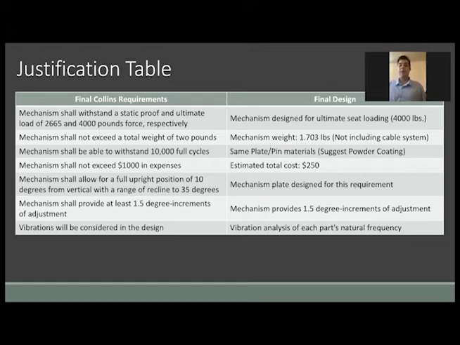As described before, the most important one was that we met the 1.5 degree increments of adjustment, and we did exactly that. And the vibrations were considered in the analysis and done in Fusion to prove that each part's natural frequency did not resonate at the same natural frequency of the plane, so that it wouldn't approach failure.